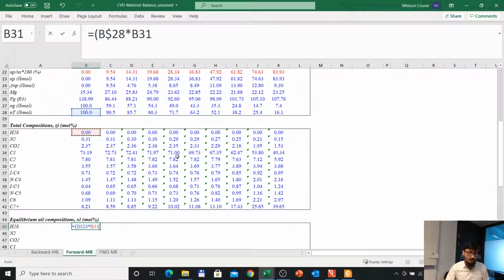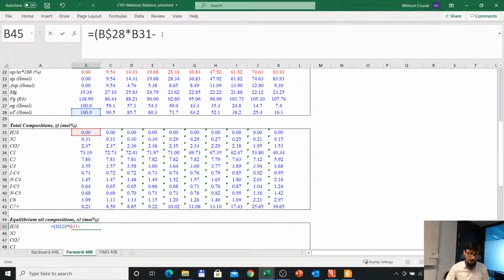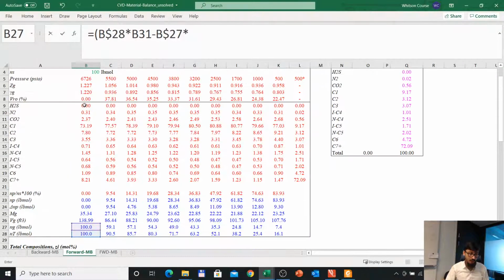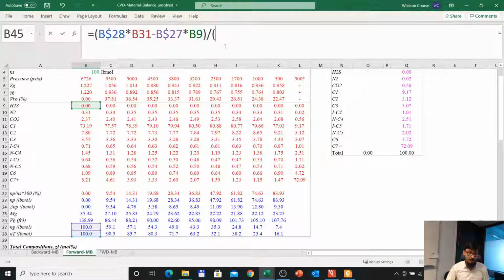Yeah, and then minus the gas moles, fixed like this, times the mole fraction of the gas phase, divided by NT minus NG.